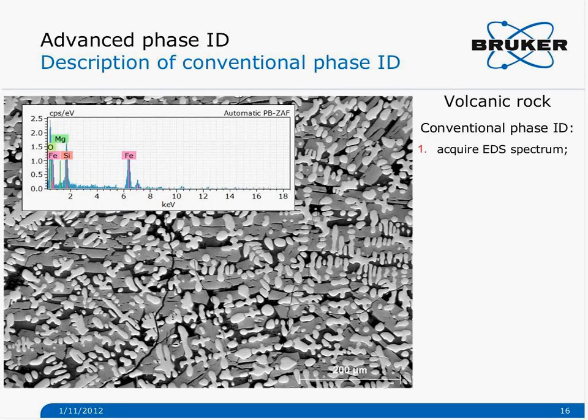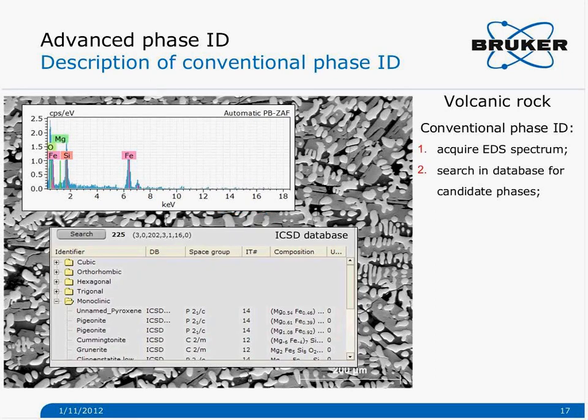First, the user chooses one particle in the field of view, brings the beam there in spot mode, and acquires a spectrum. Based on the major elements present in that spectrum, in this particular case iron, silicon, oxygen, and a little bit of magnesium, the user then uses a search engine in crystallographic databases to search for candidate phases.